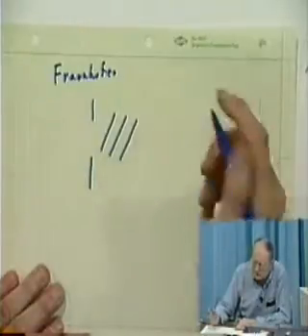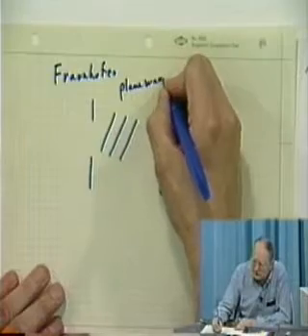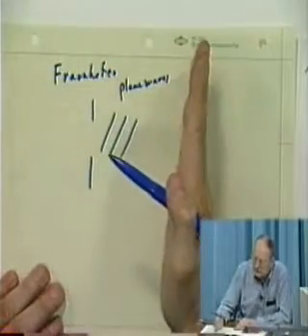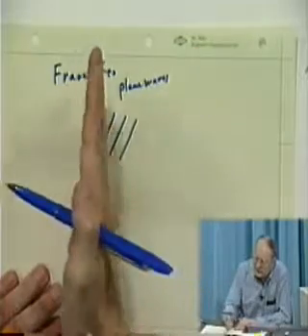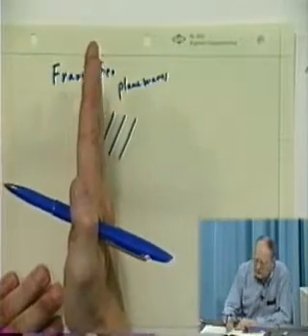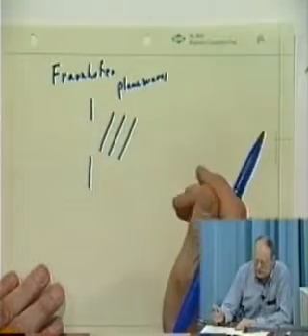Okay? So we are assuming that we are far enough away, and the aperture is small enough, that these spherical waves leaving this aperture can be approximated as plane waves.